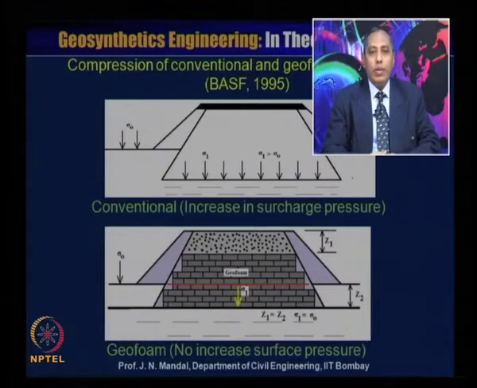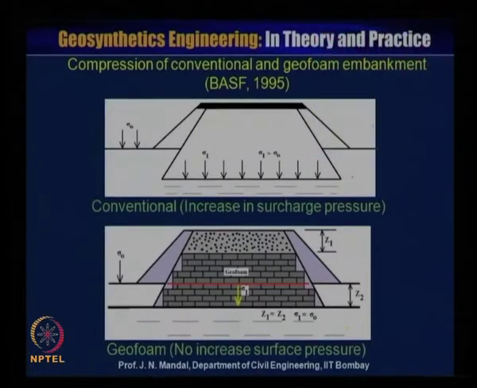So from this example it is observed that the geofoam material is effective, and geofoam material does not show any increase of the surface pressure with respect to the conventional method.